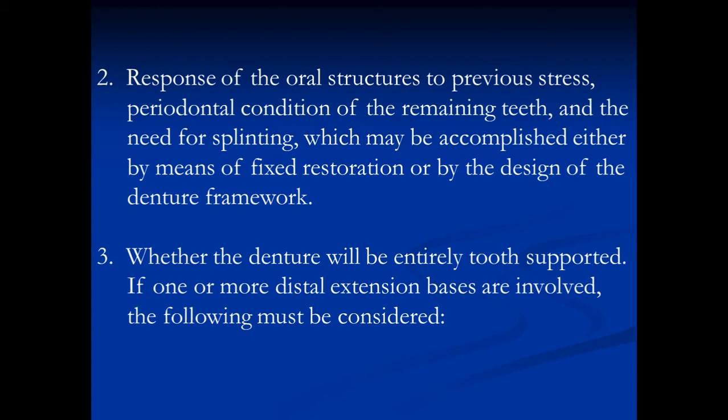In such conditions, the mesiodistal width of a lateral incisor is less, and the root length also is less than that of the central incisor or canine, so placing a direct principal rest on top of such teeth can cause problems for the abutment teeth. So we need to add extra support whenever we are designing a removable partial denture for such conditions.